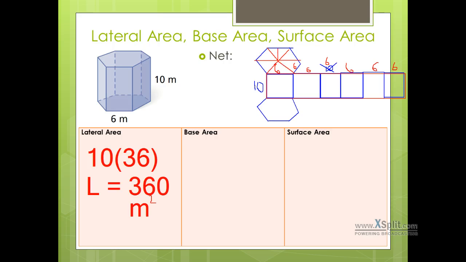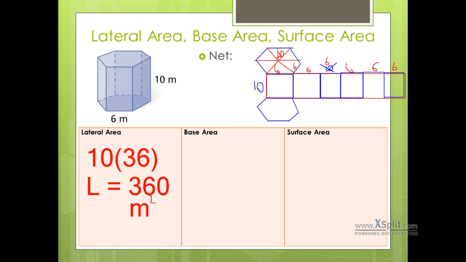If you're having trouble with this, look back to section 9.3, 9.4 or so, on areas of circles and regular polygons. Each of these angles is going to be a 30. We know that the perimeter is 36 already. We need to find the apothem.